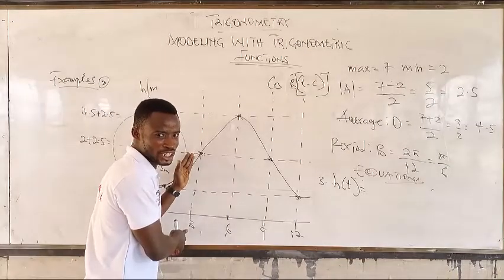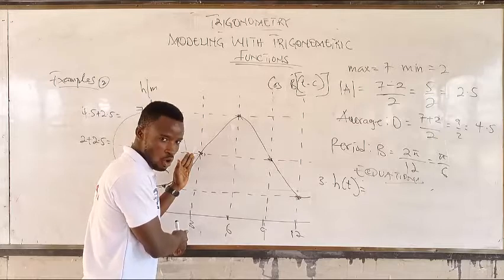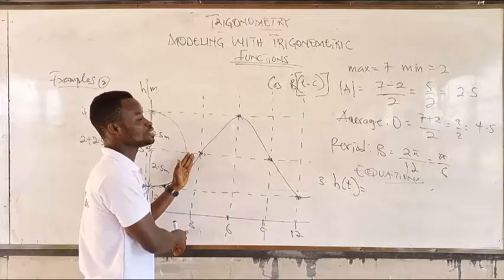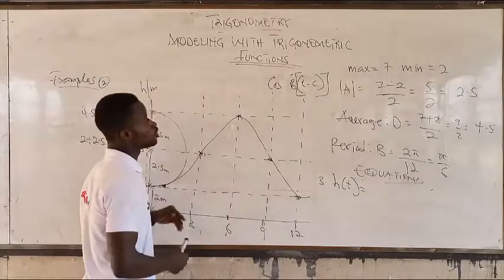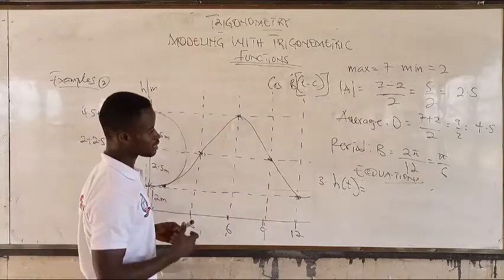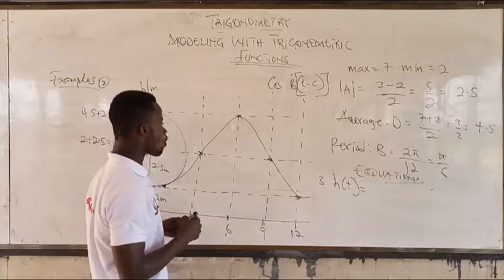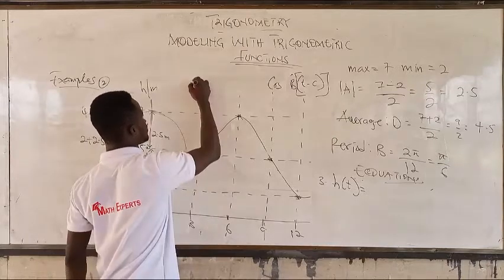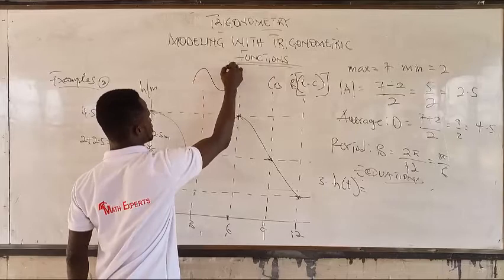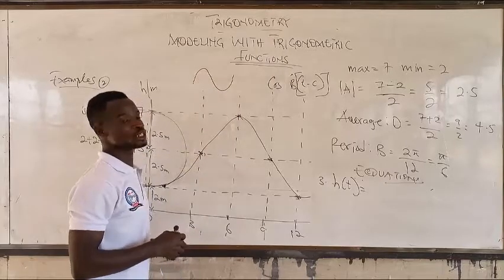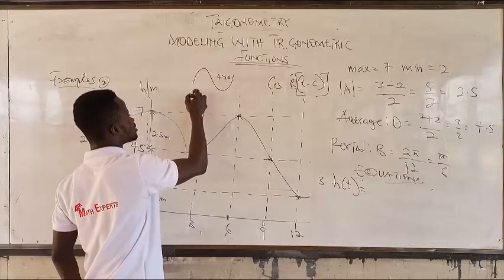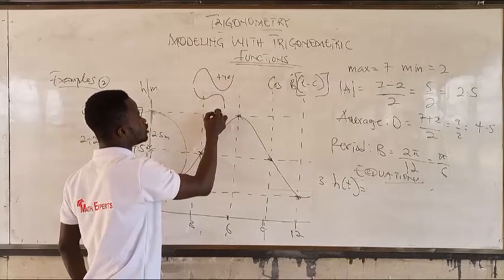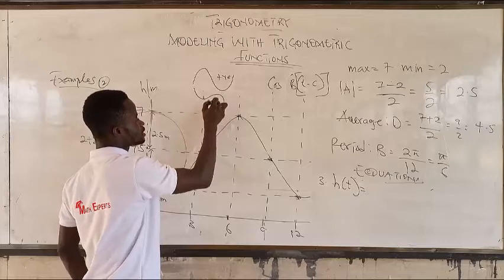Will the amplitude change? No. Is it going to be negated? It depends. Because we have already established that when it is like this, it's going to be positive, and when it's like this, it's going to be negative.